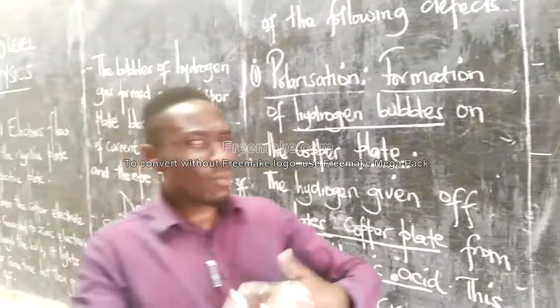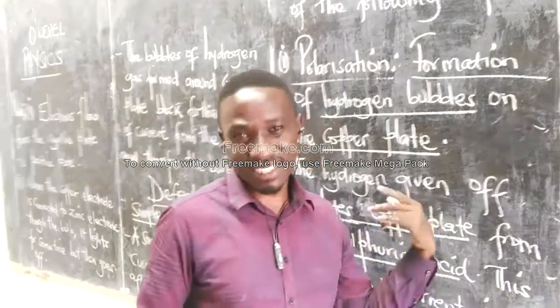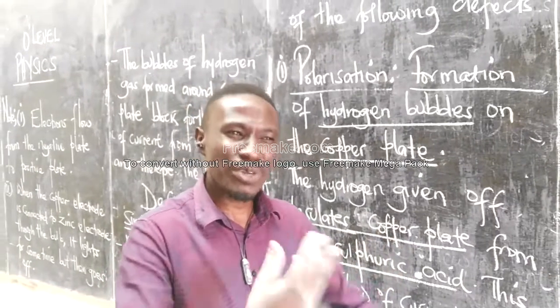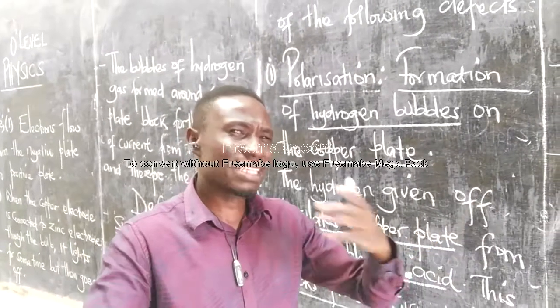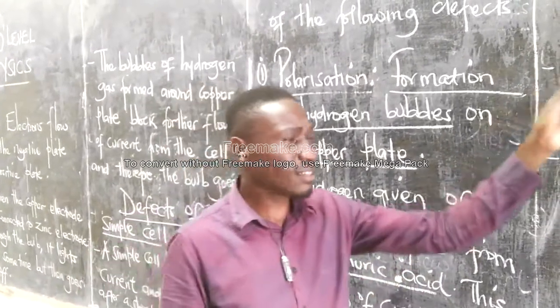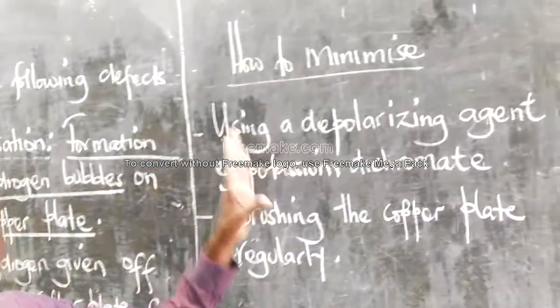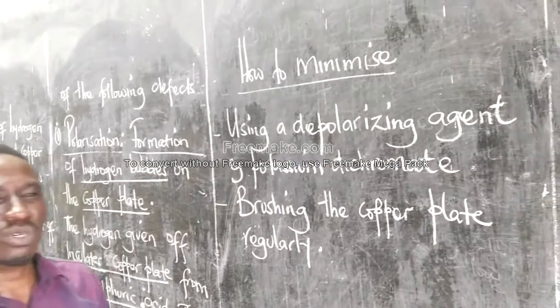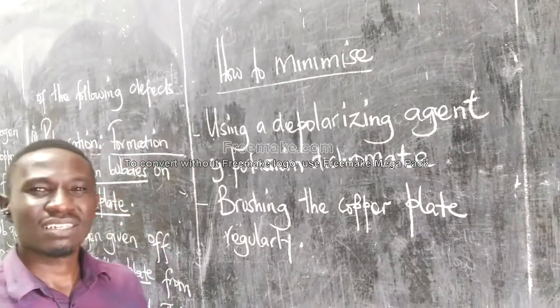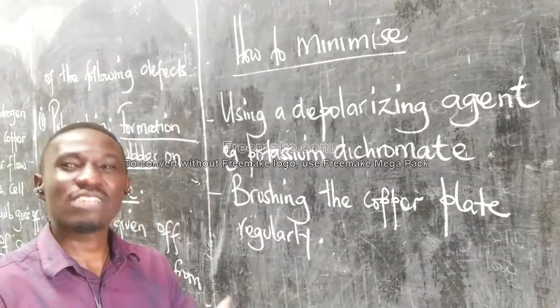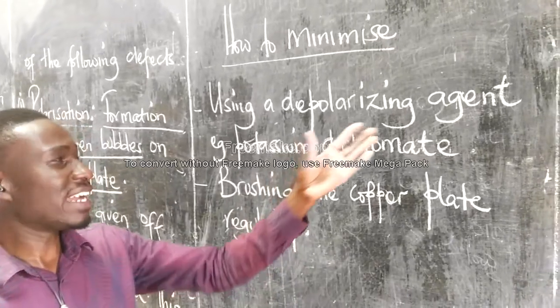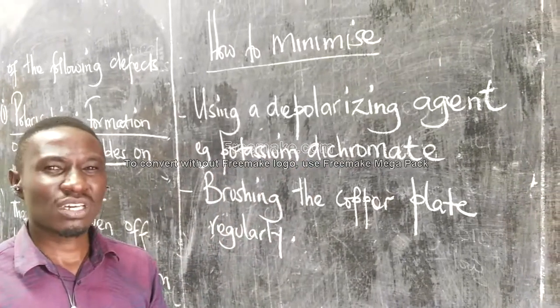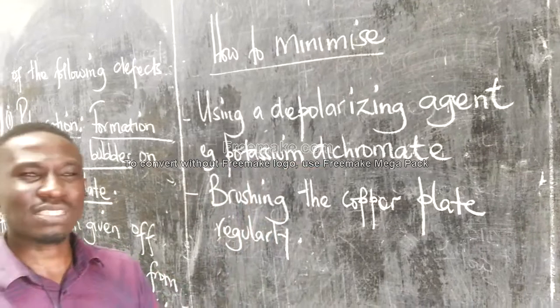But there are some ways on how we can minimize this defect. How can we minimize it? We are not stopping it, but at least we try to minimize it. One, we add what we call a depolarizing agent, which at times we call a depolarizer. We add it into dilute sulfuric acid, and we can add there potassium dichromate, or manganese(IV) oxide.